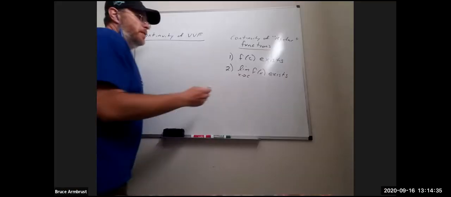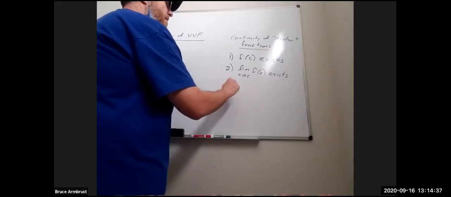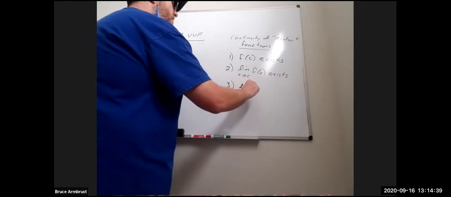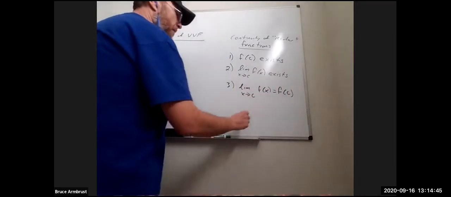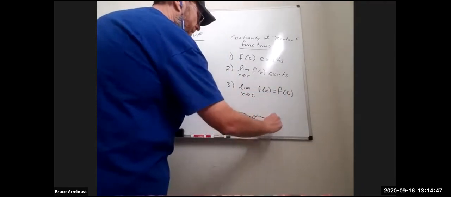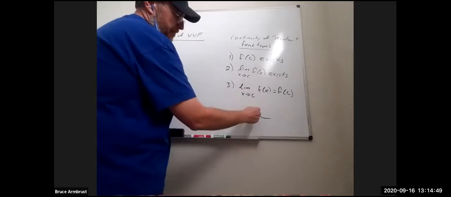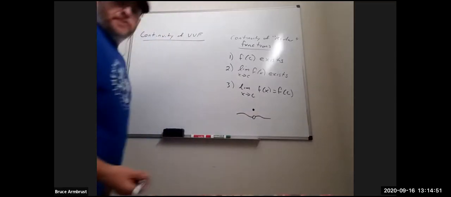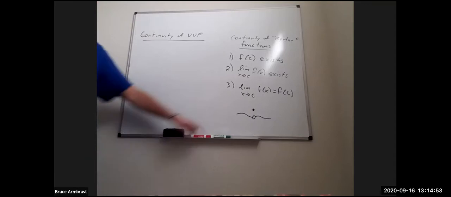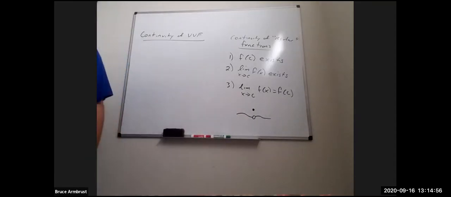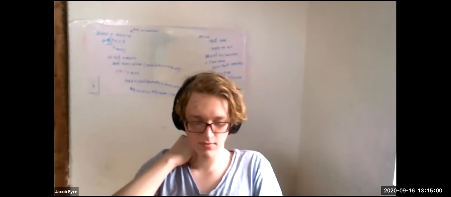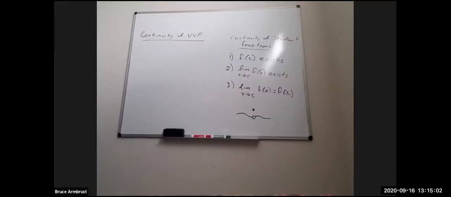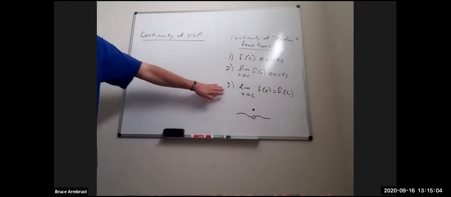But then we needed one more thing, which was that the limit has to actually equal the function value there. What that eliminated are those weird situations where the limit exists, your function does exist, so there's a dot, but there's a jump as you go from one to the other. So that's why you need the third one. And sometimes you'll see in a text just this third one.